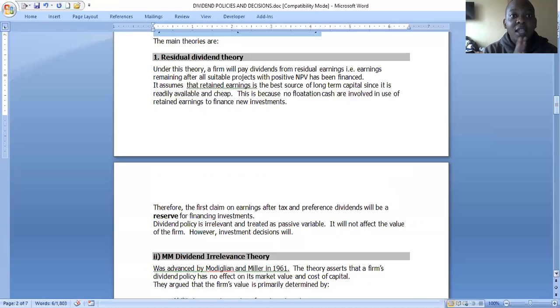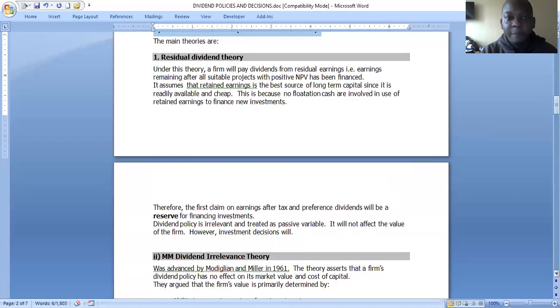So that is as per the residual dividend theory: a firm should pay dividends after all profitable projects have been financed. Then what remains, the residue, can be shared to the shareholders in the form of dividends.